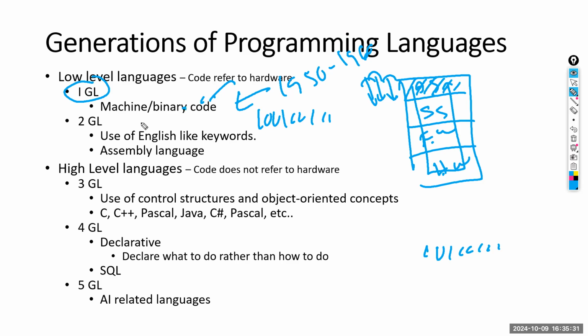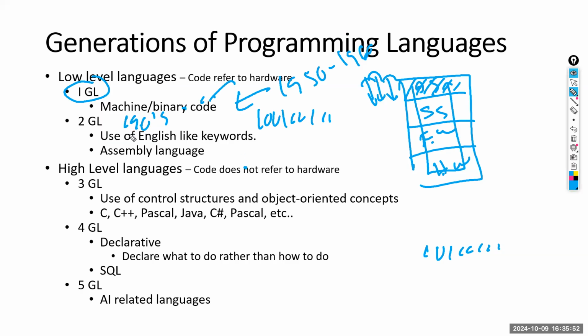So then, somewhere around the 1970s and latter part of the 1960s, came the second generation languages. Second generation languages are again low-level languages.